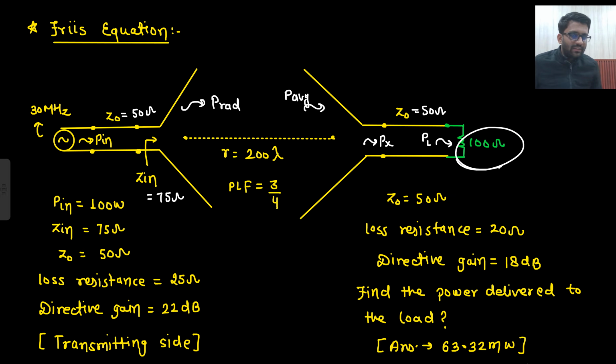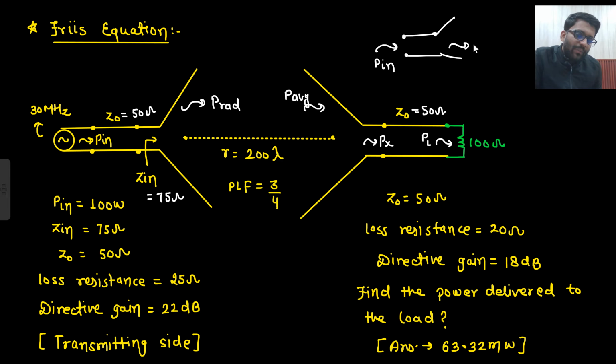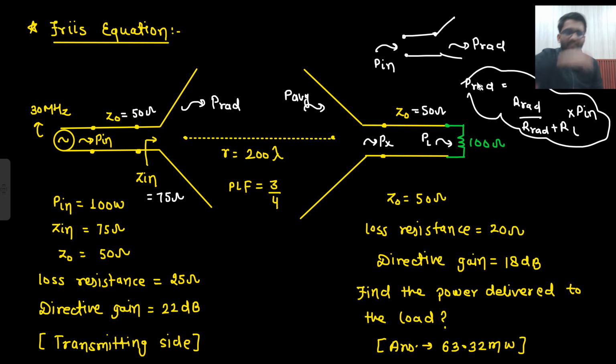What I mean to say is that when there was a transmission line connected to an antenna, I said this is my P in and this will be my P radiated. At that time, you said that P radiated would be equal to R radiated upon R radiated plus R loss into P in. This is what you said, right? Forget about the reflection loss. I am only talking about loss resistance.